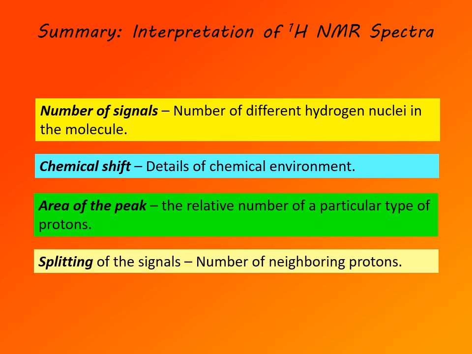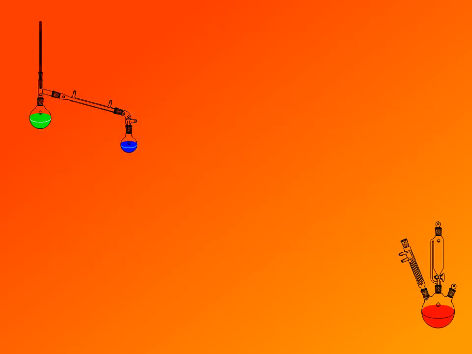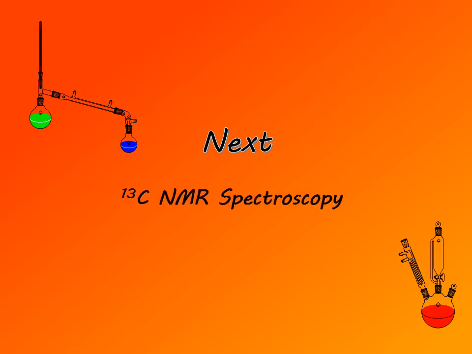And finally, splitting of the signals tells us how many neighboring protons there are. This completes our study of proton NMR spectroscopy, and next we are going to look into carbon-13 NMR spectroscopy.